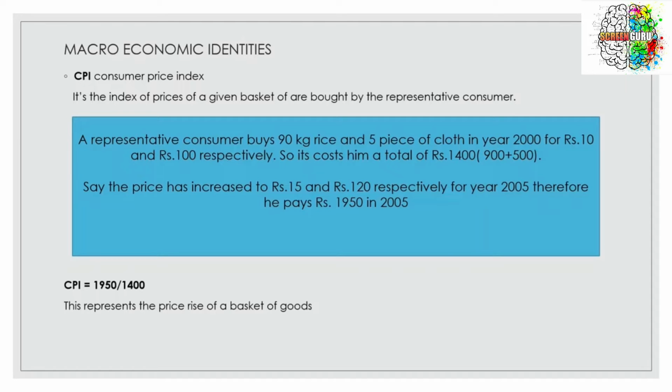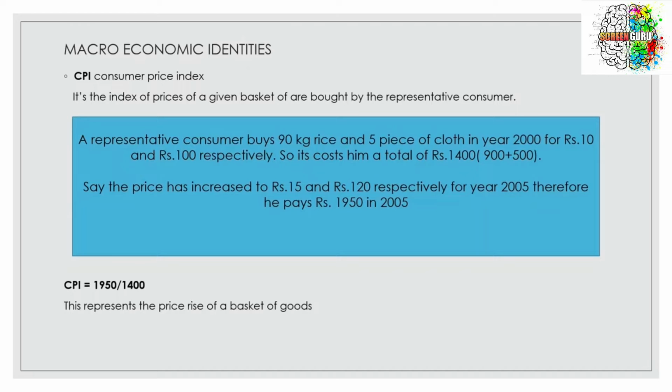So in the end he'll have to pay 1950 rupees in the year 2005. So it shows the increase in the price of the quantities. The same amount of goods, but the prices have increased. So CPI can be calculated by dividing the latter by the former, and this will give the CPI of the basket of goods that we accounted for in the calculation.